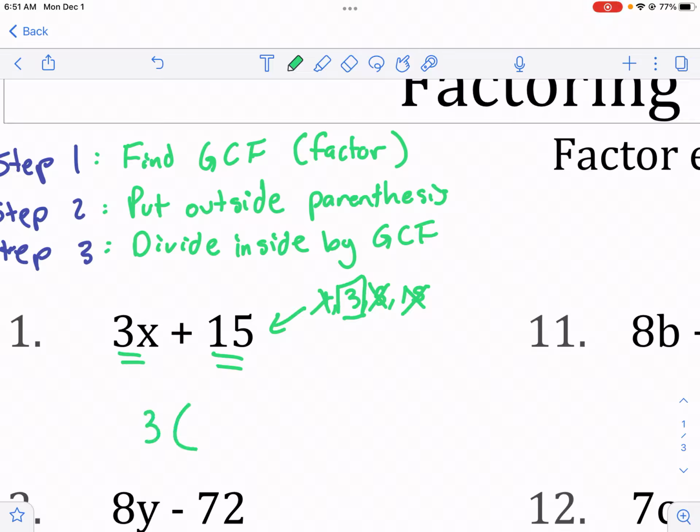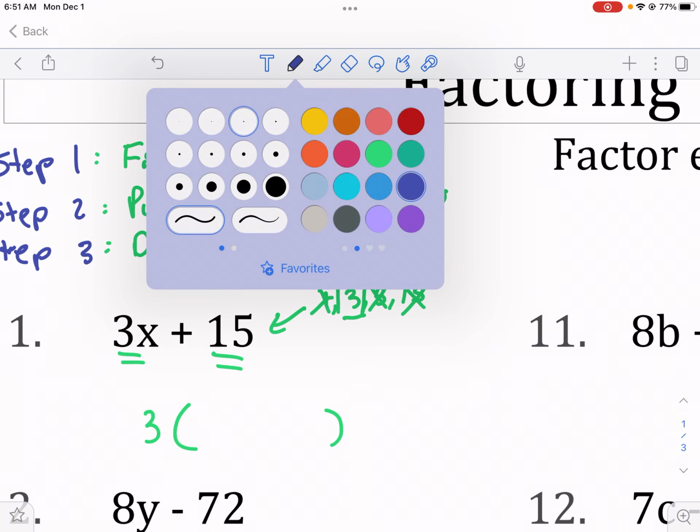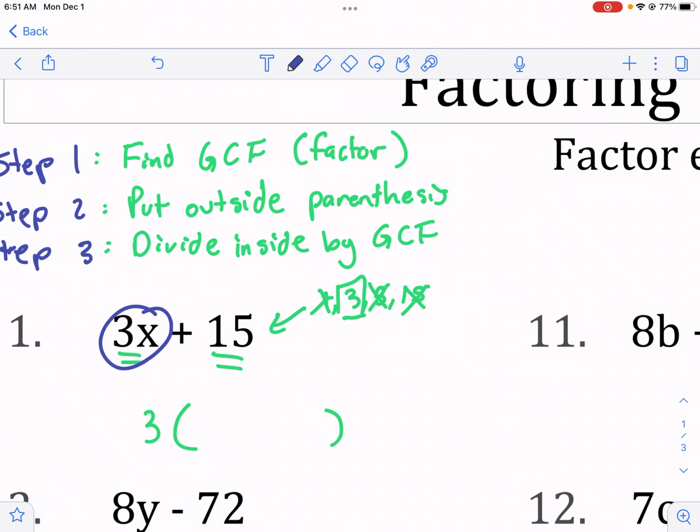So we're going to put the 3 outside parentheses, and then we have something left inside the parentheses. Well, this is where we divide the term by the GCF. So we're going to divide this by 3. So 3x divided by 3 is just 1x, and then 15 divided by 3 equals 5. So I'm going to put plus 5. You'll notice I just copy down the plus sign.